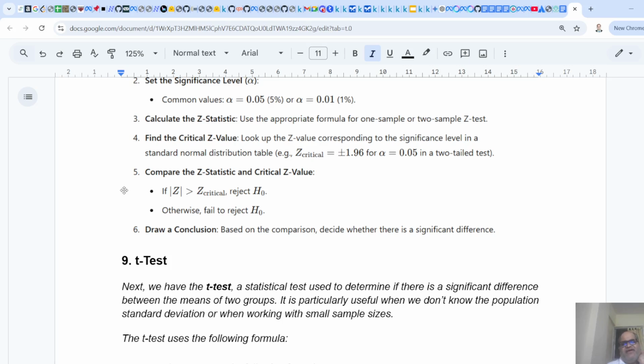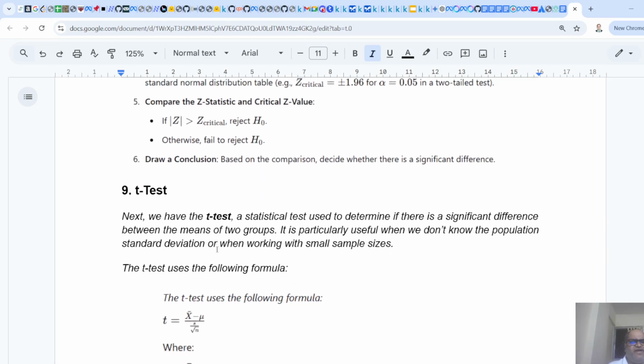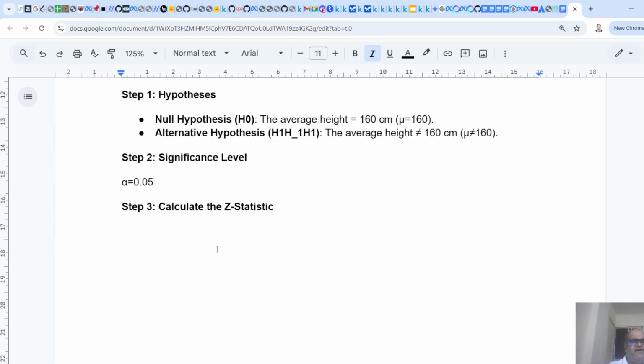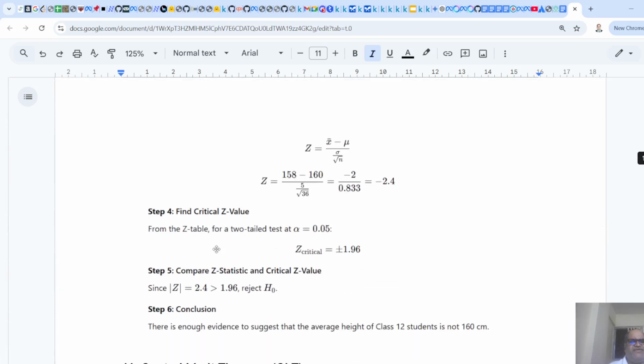If your computed Z is greater than this critical value, you can reject the null, which means you accept the hypothesis that you started with. Otherwise you will not be able to reject the null, you fail to reject H0. So this is the process that we use. Before I go to the t-test, since I have covered hypothesis testing, we can take one example and see how we do it.